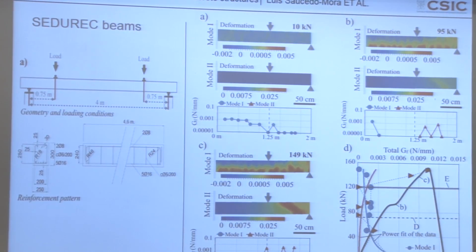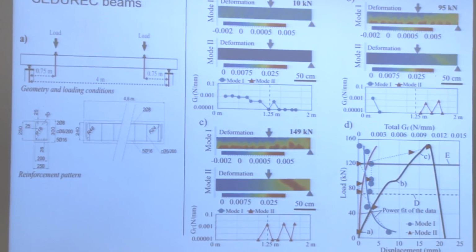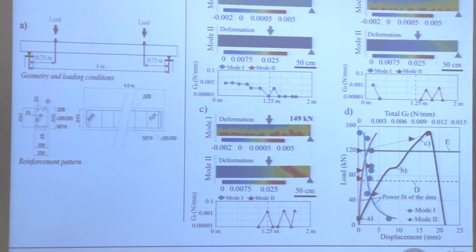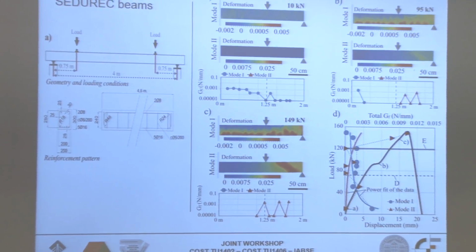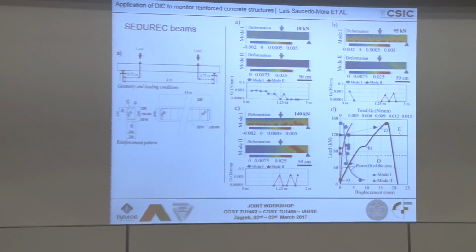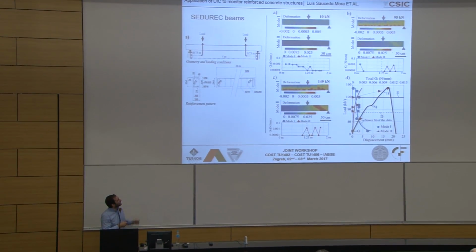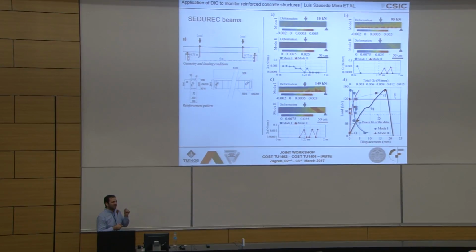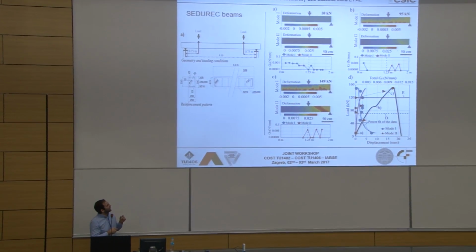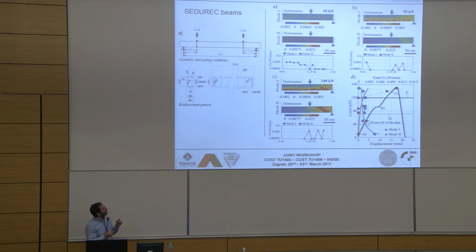Here we can identify cracks with a crack opening of 20 microns, roughly. So we can identify the crack tips, and we can measure the energy that those crack tips are releasing. So at the beginning, almost all the cracks in the beam are releasing energy in mode 1, so in pure flexion.